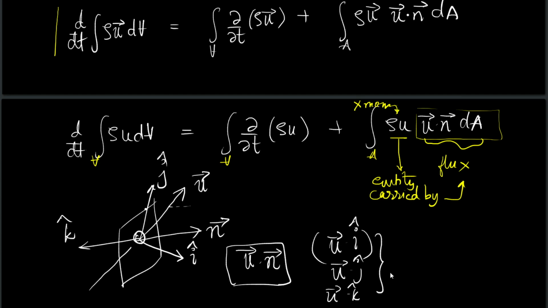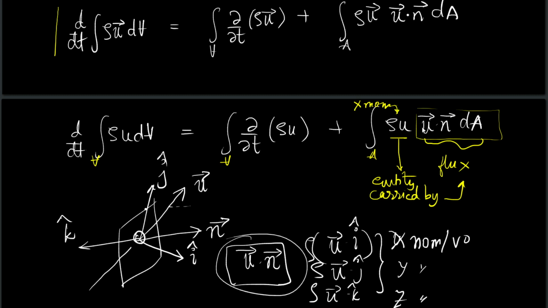So rho times this is the momentum per unit volume. So this is the x momentum per volume, y and z, and the flux which carries this momentum is this. So this will not be broken up into its components, but it will still be u·n.